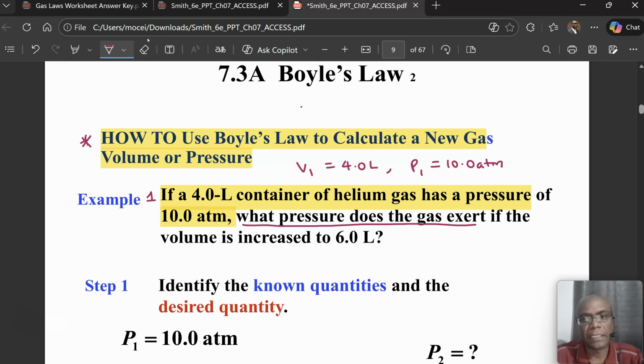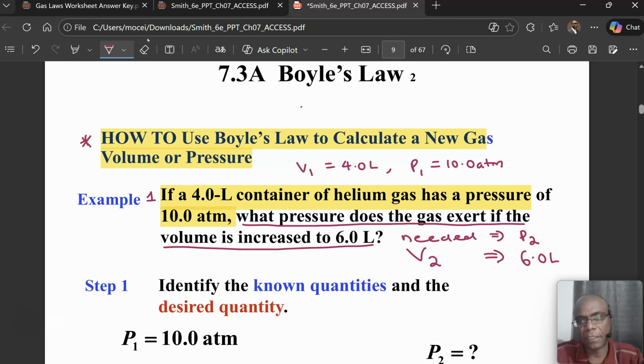What pressure does the gas exert if the volume is increased to 6.0 liters? So we need the after pressure P2, and V2, the after volume, is 6.0 liters.